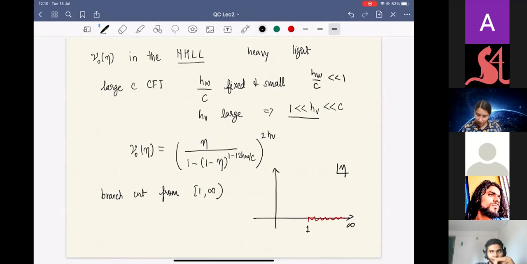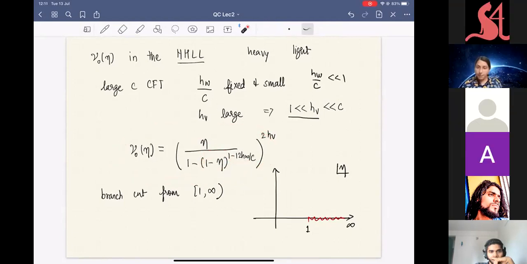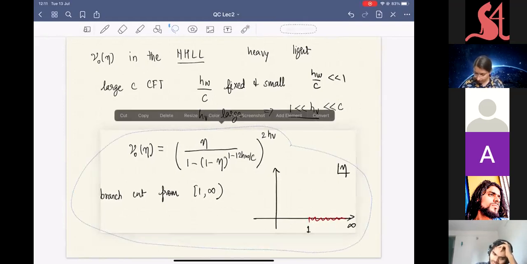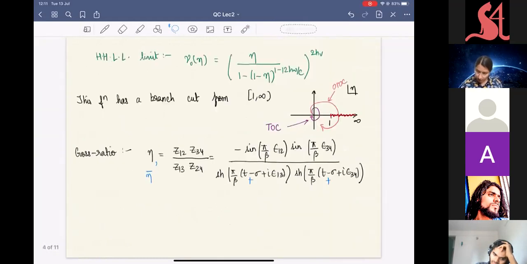Yes, so this function has a branch cut because of the factor to the power 1 minus HW by C. Let's try to understand what that means. Recall that this was the cross ratio that we had already seen in the last lecture.